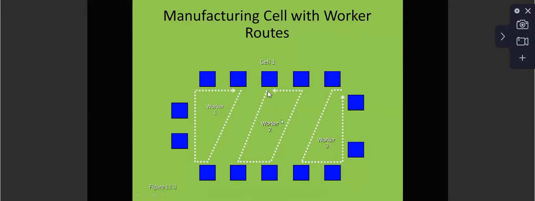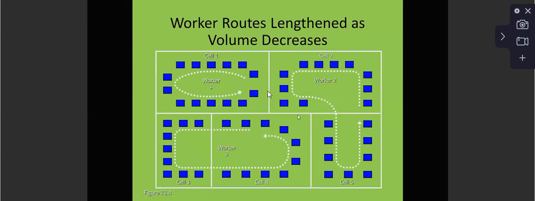So by adding more workers, they can divide the tasks in the cell to increase the pace of the output of each process.